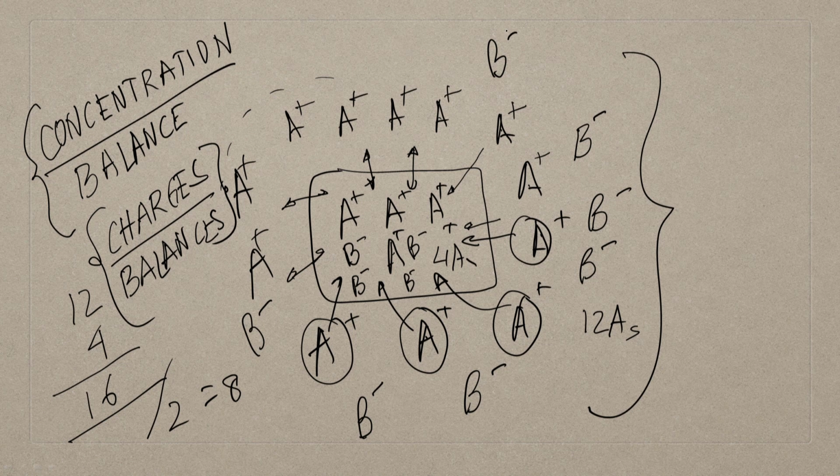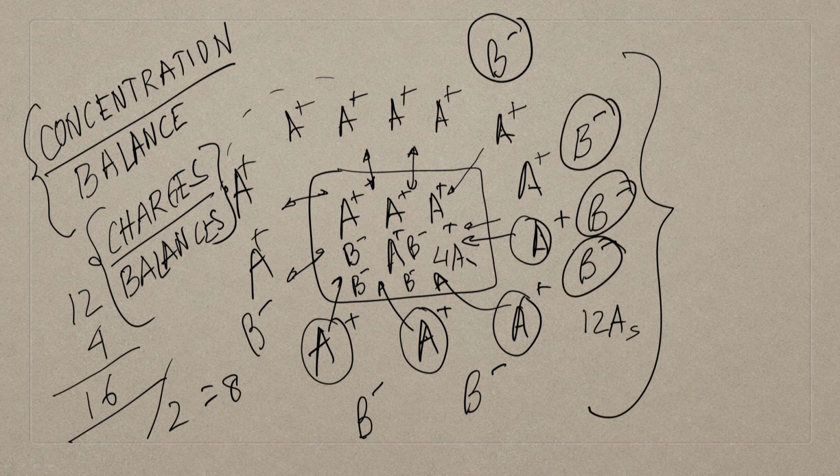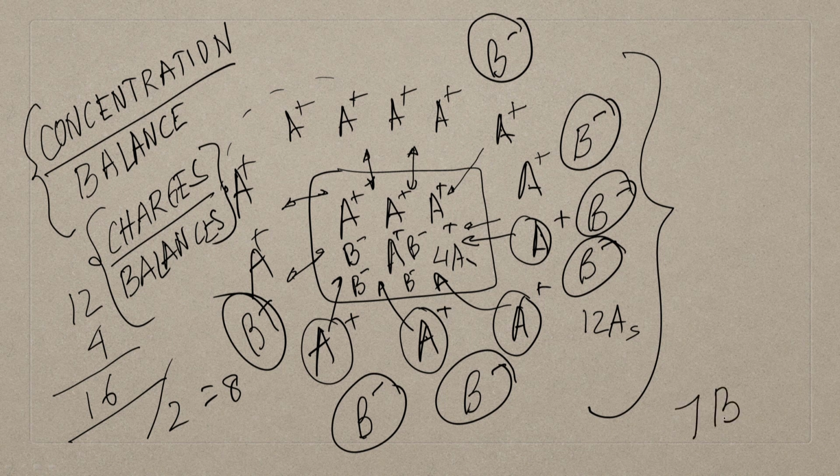Fair enough. So, let us count how many B's are there. You have 1, 2, 3, 4, 5, 6, 7. So, there are altogether 7 B's outside. Fair enough. And let us see how many B's are inside. 1, 2, 3, 4. Fine. So, there are 4 B's inside.